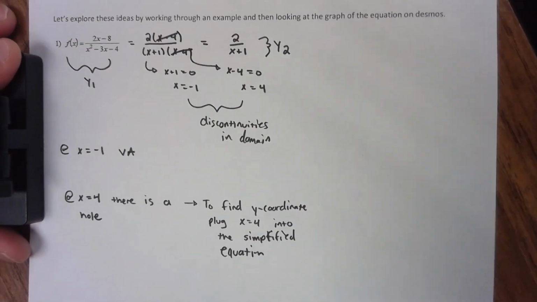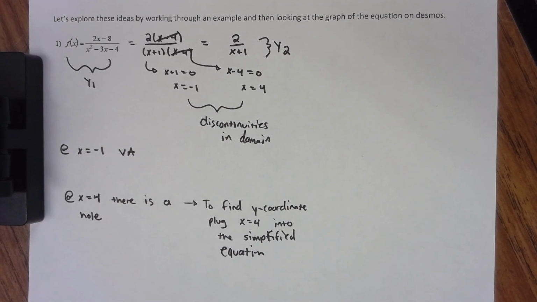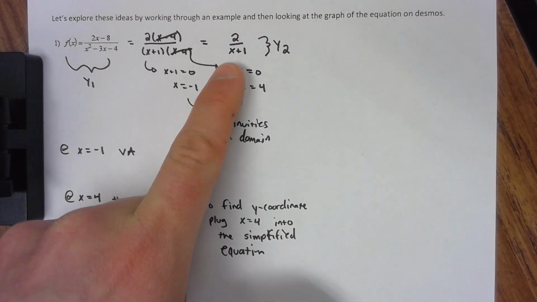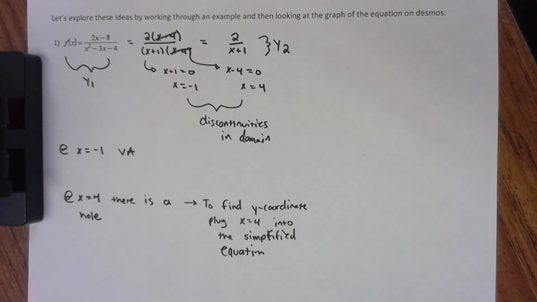And the reason why that works is because when I plug in 4 to that simplified equation, I'm not going to get that error in the domain. I can plug in 4 after we take out those common factors. So this will tell me that exact y coordinate of that location.